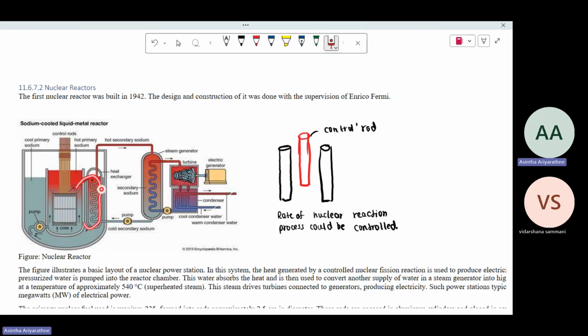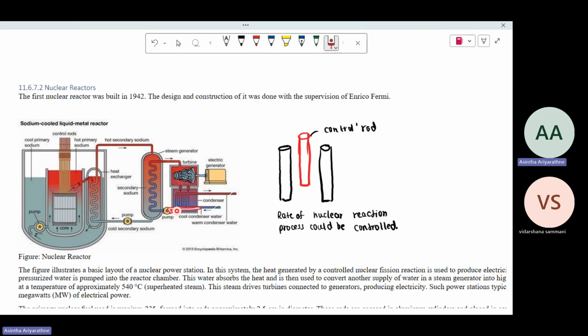This steam, or this heated liquid, is allowed to flow through a heat exchanger like this, and inside the heat exchanger a secondary sodium liquid is allowed to flow. So then heat transformation happens in this heat exchanger. The heat would be transferred to the secondary medium, and again here we have water.